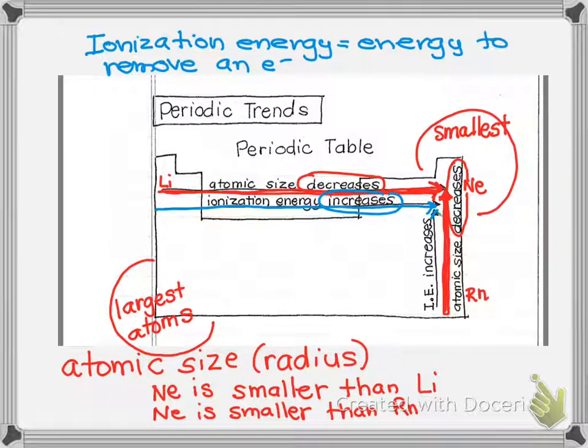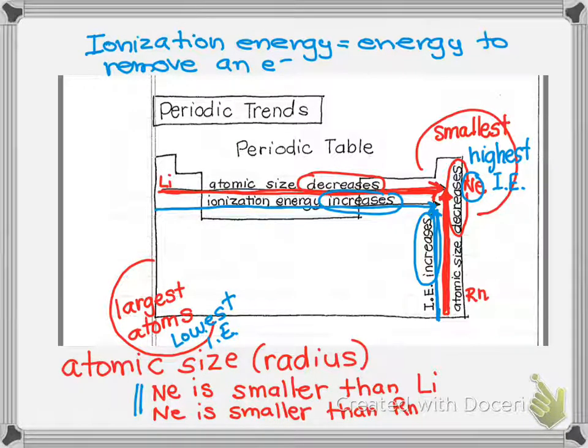And if we look in a column, the ionization energy increases as we go from the bottom to the top. So we have the smallest atoms and the highest ionization energy up here, and down here at the bottom, we have the largest atoms and the lowest ionization energy. Looking at our two examples, neon is smaller than lithium.